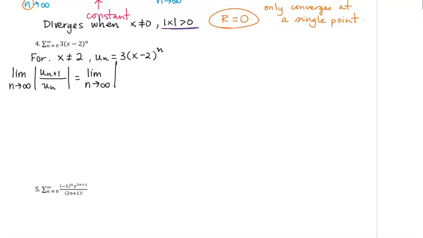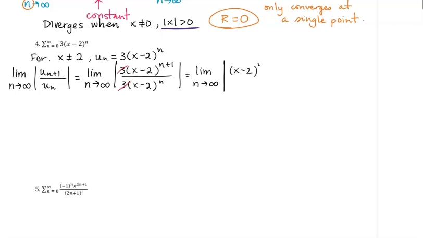So we have the limit as n approaches infinity of 3 to the x minus 2 to the n plus 1, divided by 3 multiplied by x minus 2 to the n. And we're going to do the same thing we've always done with these exponents and break them up. We do have some things that can cancel in here. The 3's can cancel.